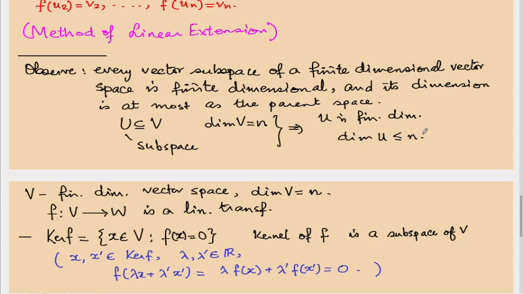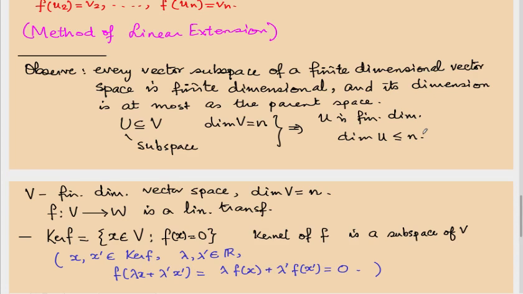Okay, and the whole thing is why should it be less? Because what is the dimension? It is the largest size of a linearly independent set. But if I have a set in U which is linearly independent, remember it's a vector subspace.